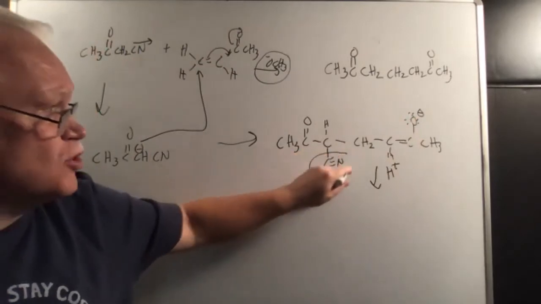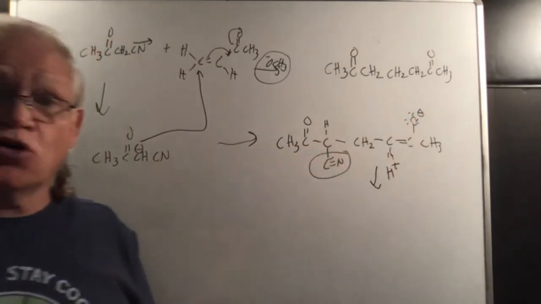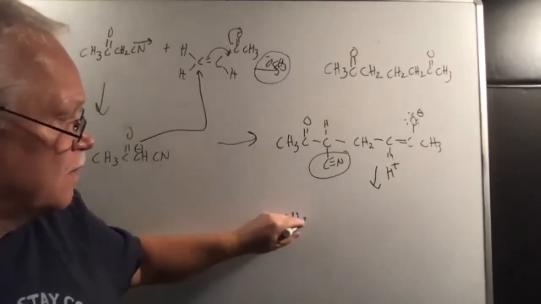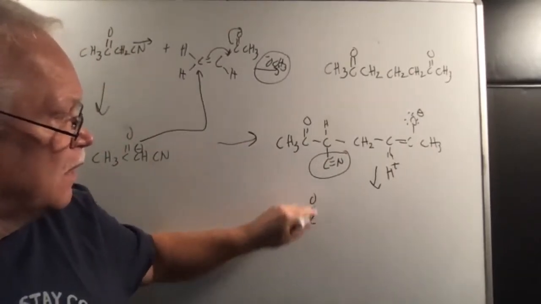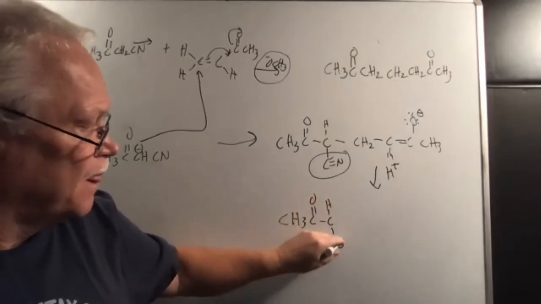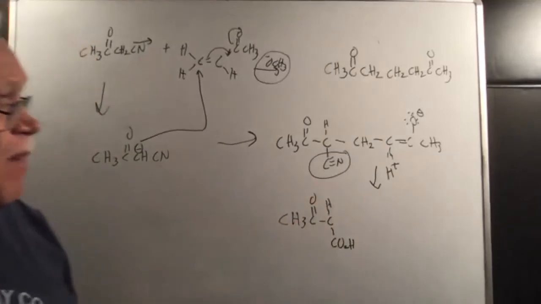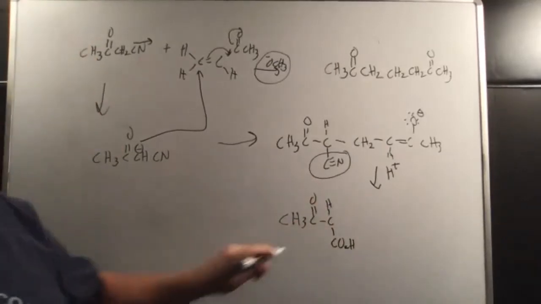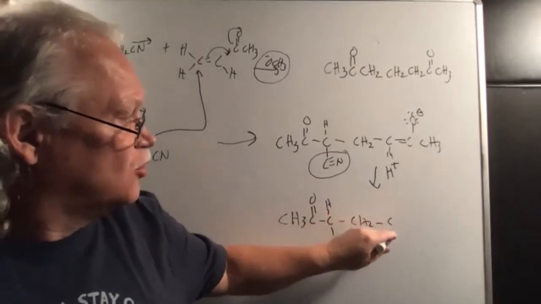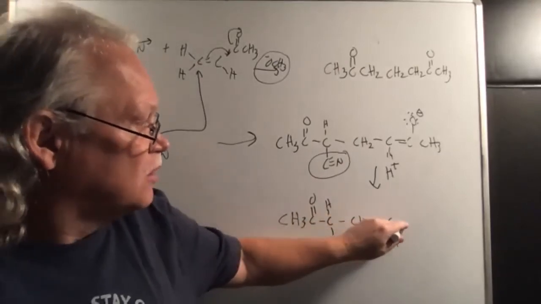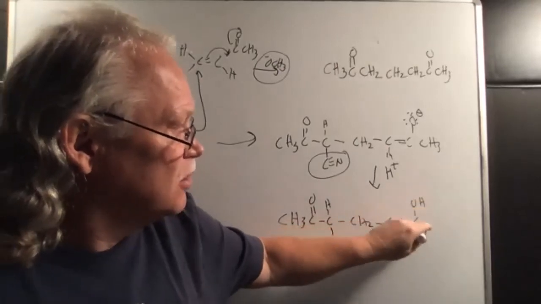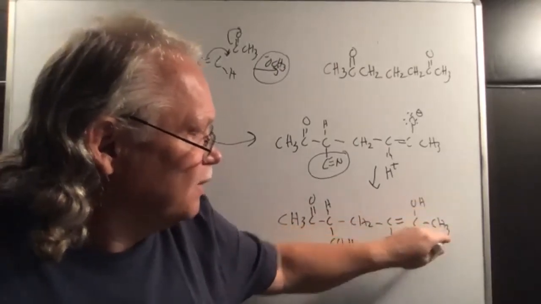But we also learned in chapter 21 that what that does is it takes that and turns it into a carboxylic acid. So now we've got CH2 hooked to a CH, double bonded to a C, OH, CH3.